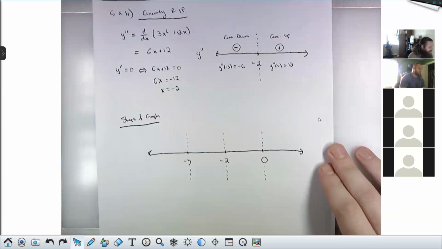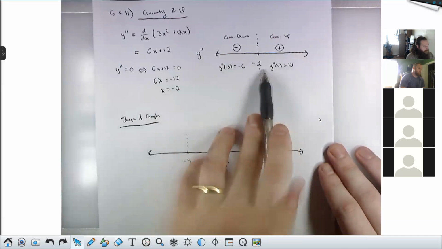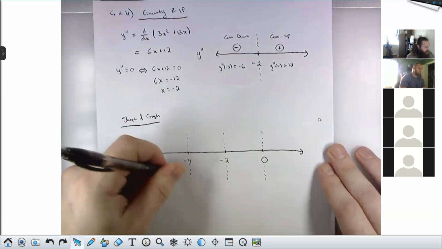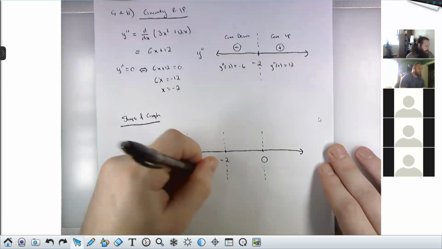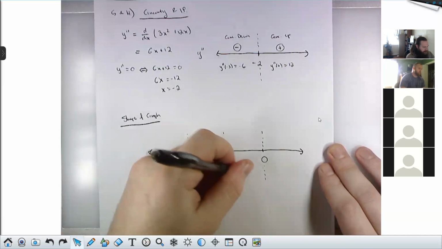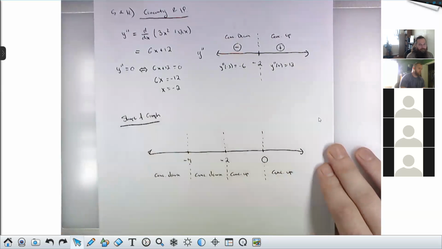All right. So everywhere to the left of negative 2, we're concave down. So I can come in here and say, okay, concave down, concave down. And then everywhere to the right of negative 2, we're concave up. So this is concave up, concave up.